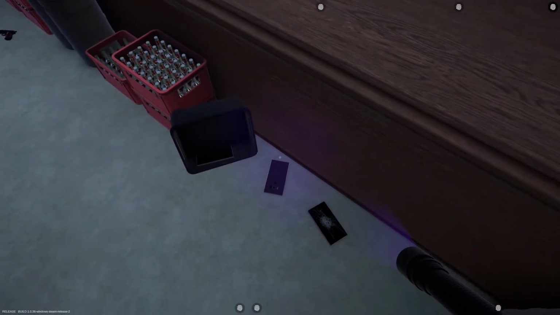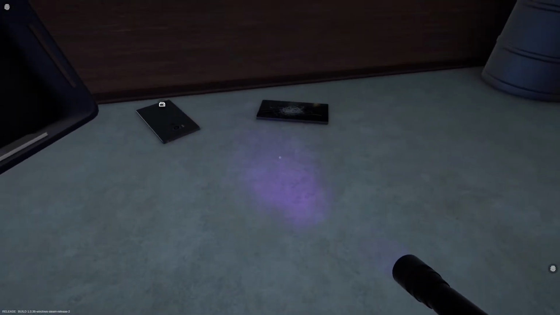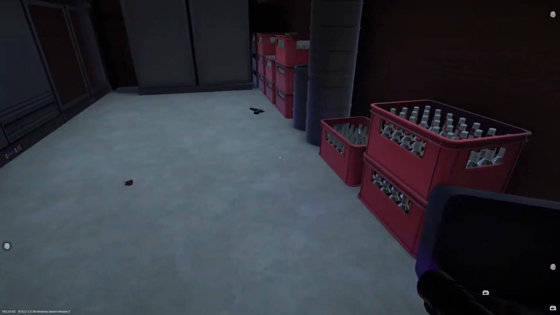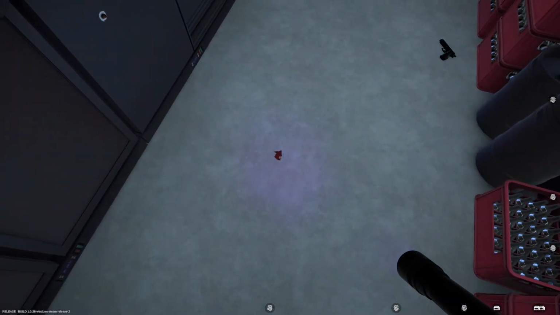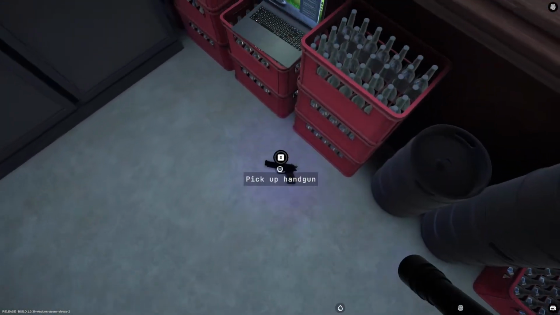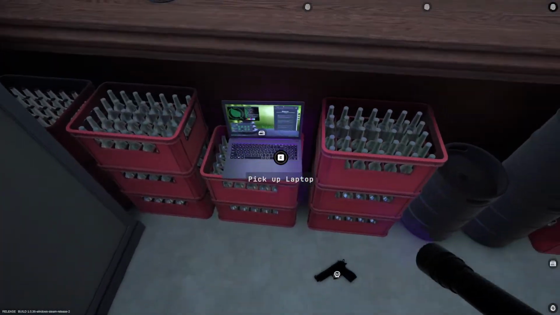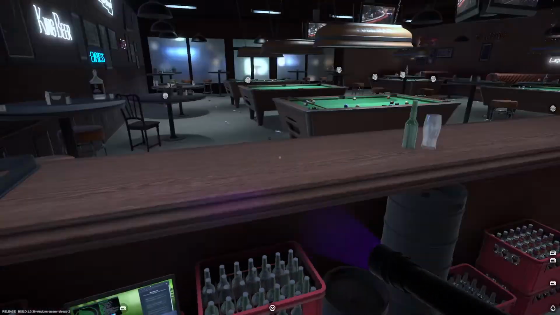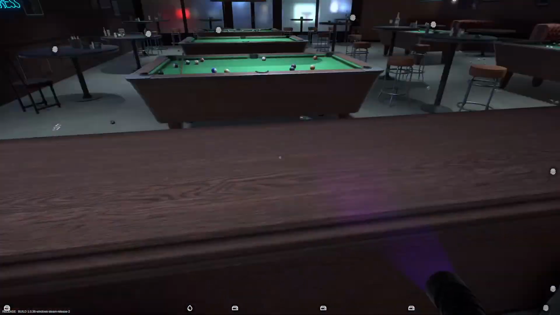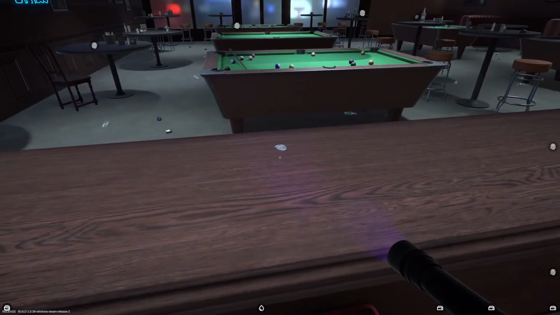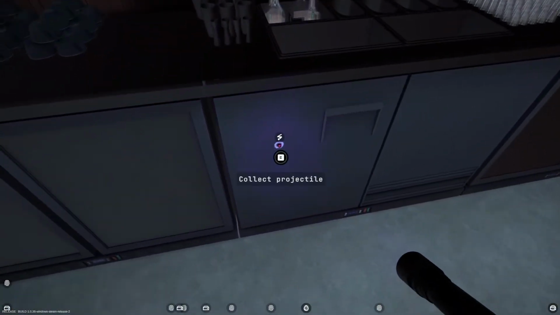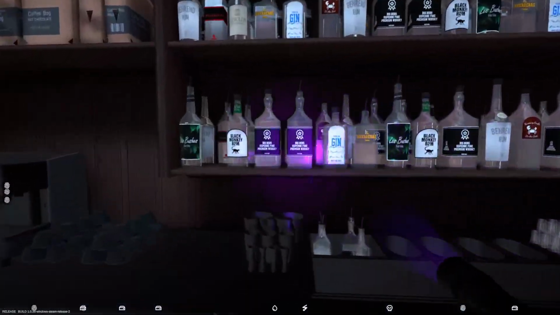Alright, we got the phones again. We got the lost and found, right? That's what we learned last time. This is the lost and found. Oh, there's a second gun. Okay. And a laptop. This is getting interesting. There's the bullet hole.